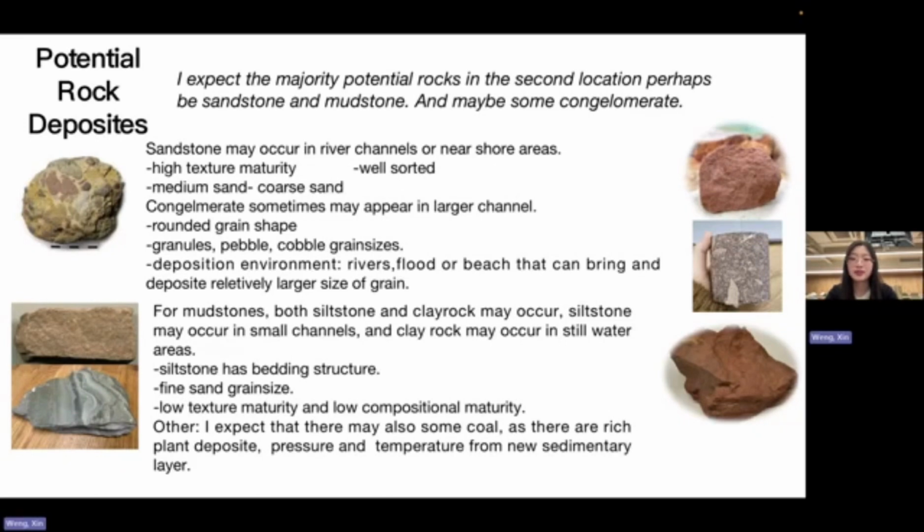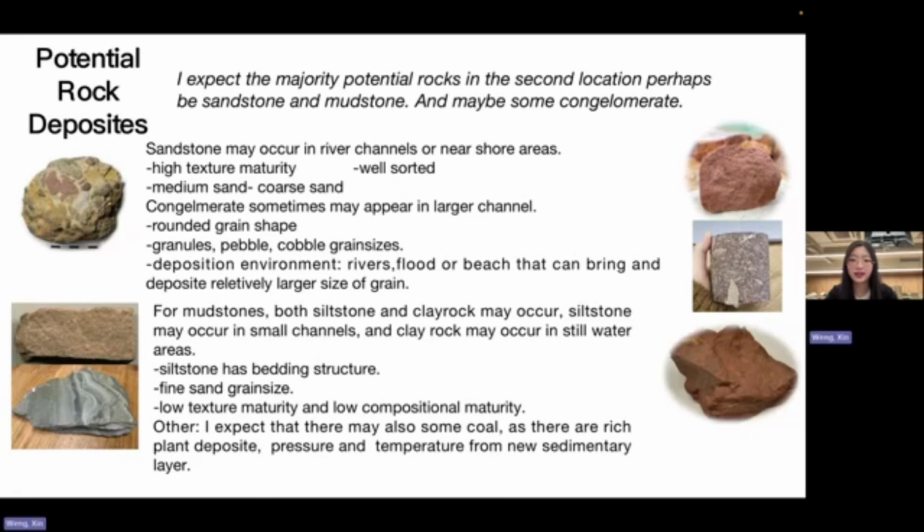For mudstone, both siltstone and claystone may occur. Siltstone may occur in small canals, and claystone may appear in still water area. Siltstone has bedding structure, fine sand grain size, low texture maturity, and low compositional maturity.